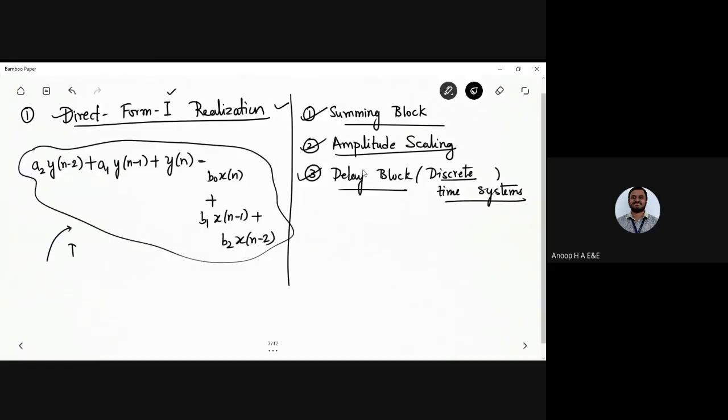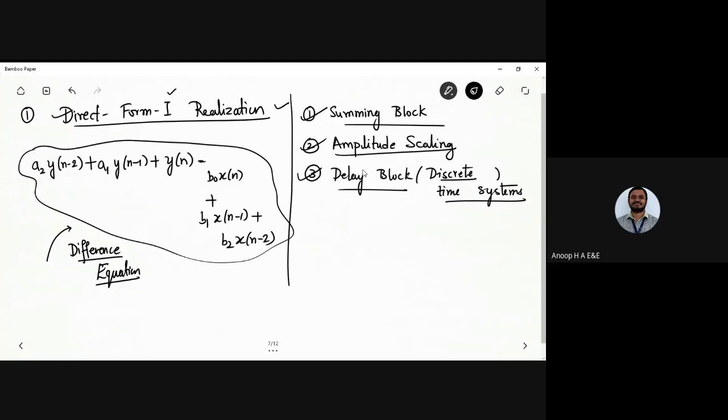This is the general way in which I can express a difference equation, as we have already done a few problems related to zero input response, zero state response, and so on.